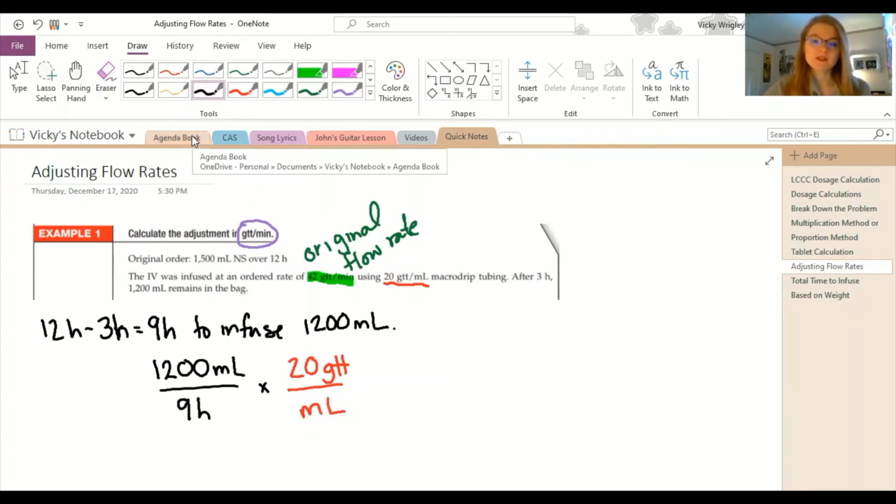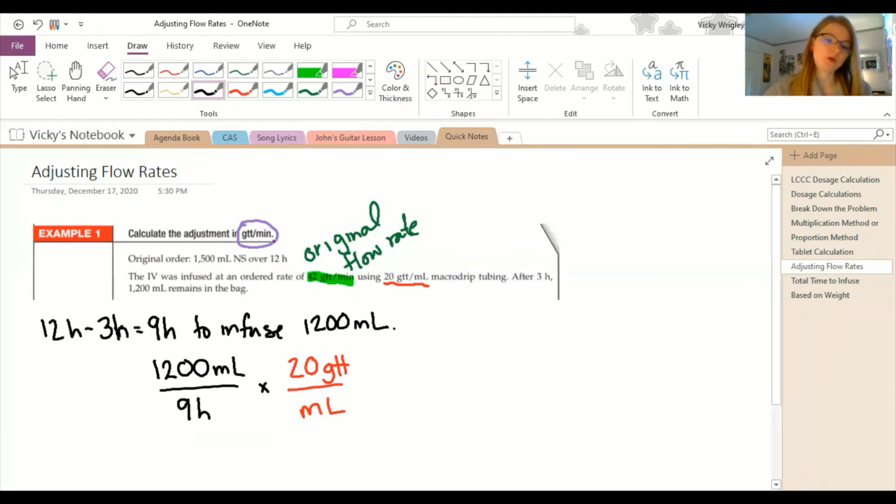Now, sometimes you may need to multiply by more than one conversion factor in order to get yourself to the amount to administer. This would be the case in this problem. If I were to do this multiplication, focusing on just the units, the milliliters would cancel out with each other, and we'd be left with drops per hour, but we don't need drops per hour, we need drops per minute.